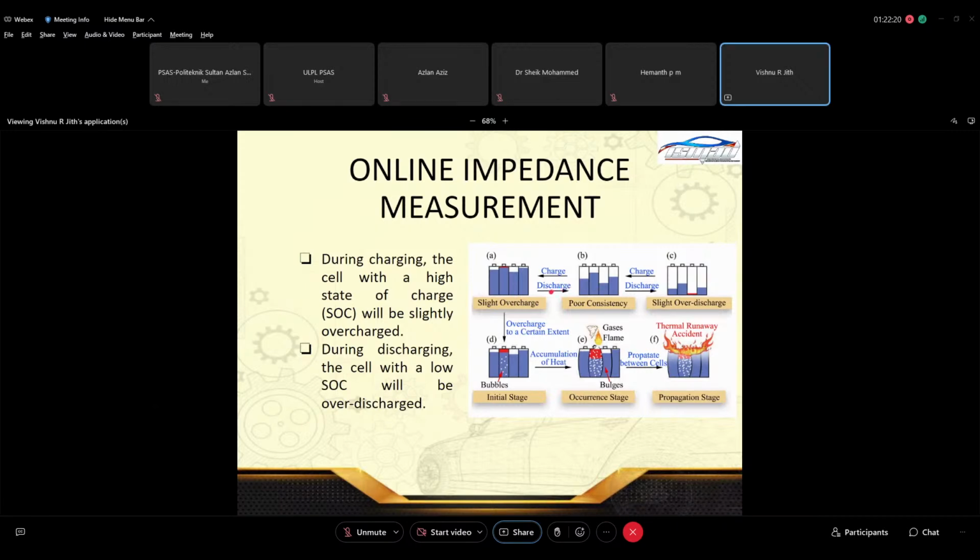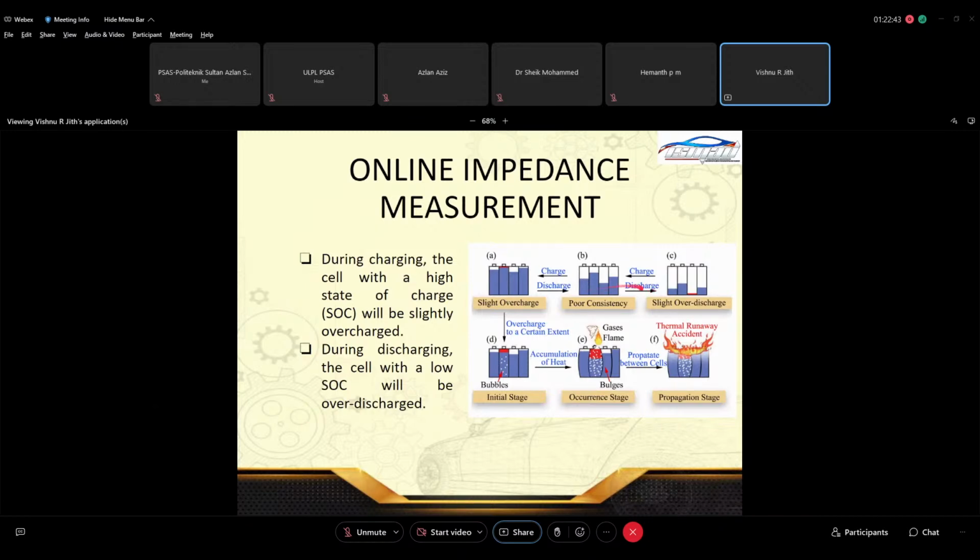the one with the highest state of charge will be overcharged. Here you can see it is charging from this direction, from C to B to A. So the one with the highest state of charge will be overcharged, and similarly while discharging, the one with the lowest state of charge will over discharge.